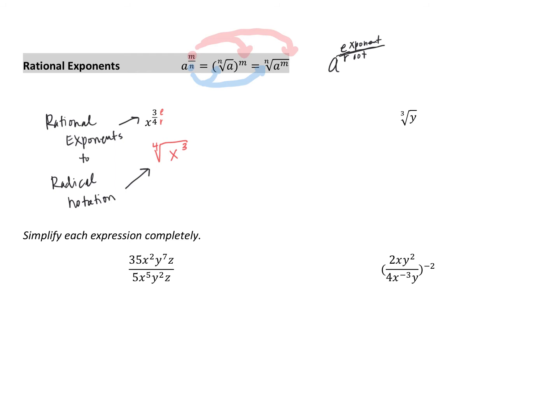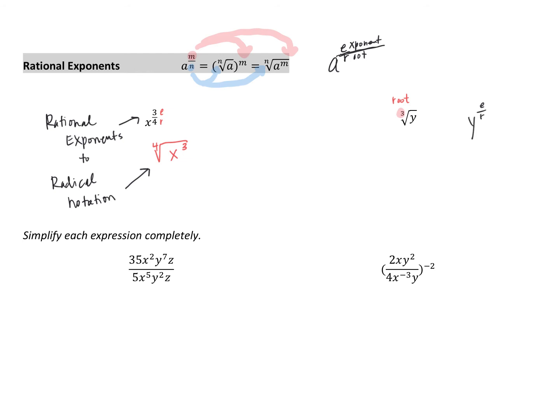Okay. So sometimes in your homework, you'll go from rational exponents to radical notation, and sometimes you'll go the opposite way. So if you see the second example, I have it in radical notation, and I want you to now put it in rational exponent form. So that means I want it to look like the base is y goes to the ER. That's what I want. So I need to identify my exponent and my root. So I can see the root, right? It's a little 3. So there's my root. So that's going to be the denominator. But what's my exponent? There's not a number written.